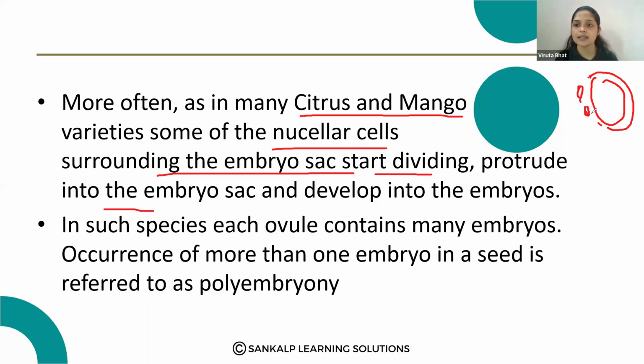So these nucellar cells divide and develop the embryos. Because of this, within a single seed, more than one embryo is present. That is because of the nucellar cells present around the embryo sac. Okay, so this phenomenon is called polyembryony.